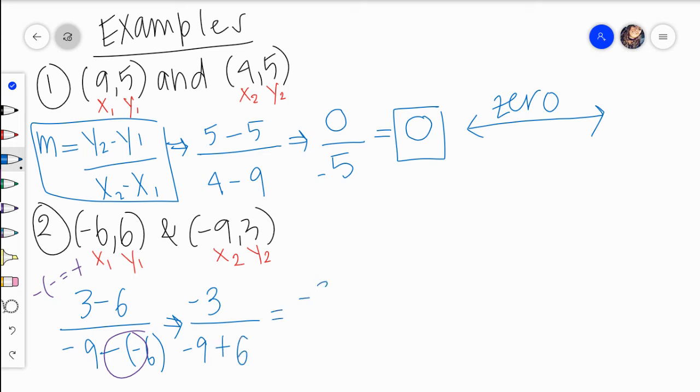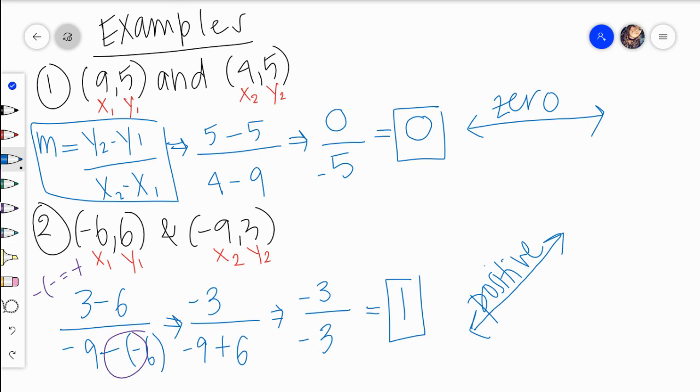Then if you evaluate this even further, we would have 9 and 6 combined together. Those signs are different, so we subtract. Keep the sign of the larger. And if you do 3 divided by 3, you get 1. Those signs are the same, so it's positive. And this is telling me that my slope is a positive slope, which means that it rises from the left to the right.